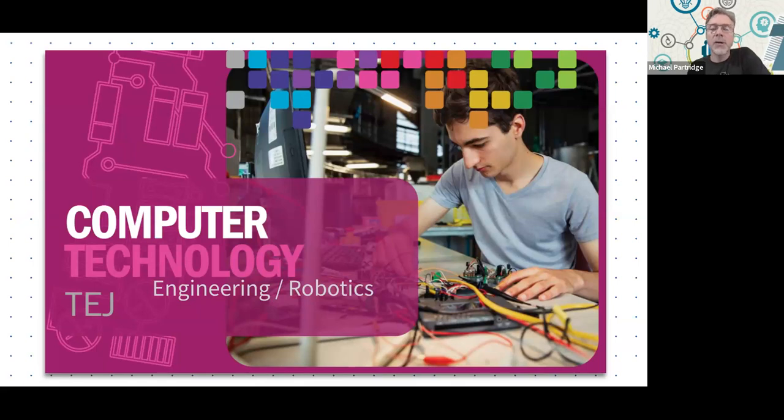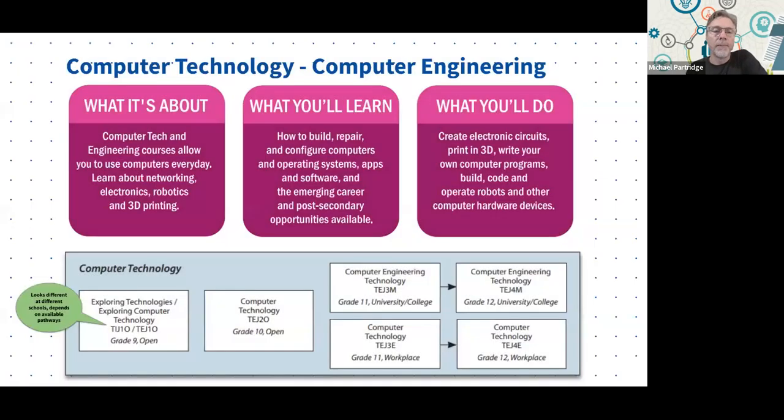So as you can see, they're not quite the same creative aspect, but they're more technical. The kinds of things that you'll do in here are working with breadboards and circuits, servo motors, sensors, 3D printers. You'll code, you'll build little robots or build little games, things like that.